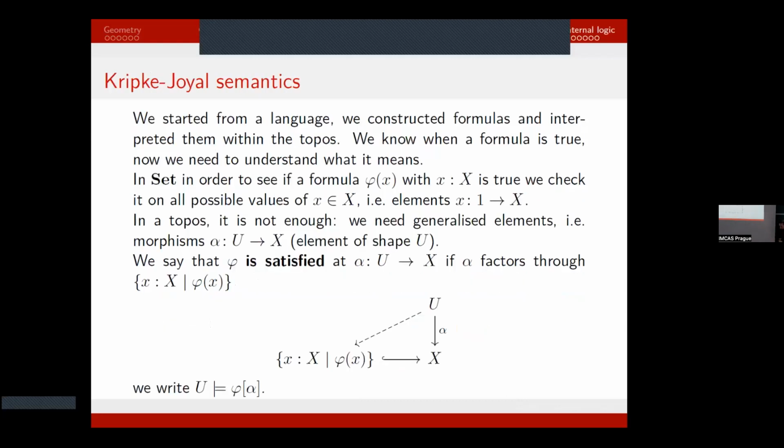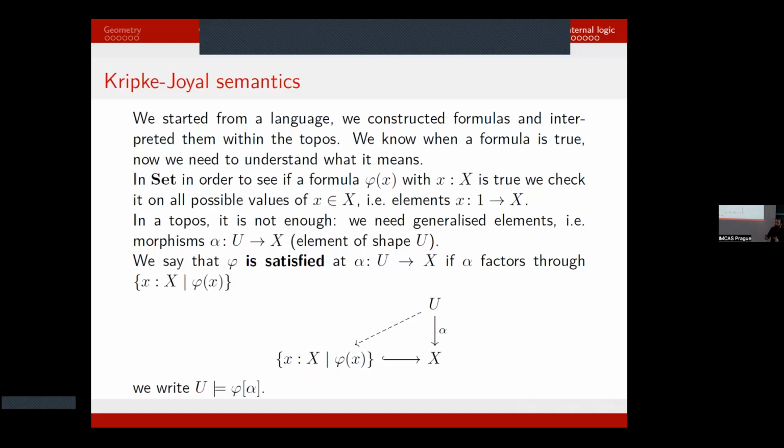Okay, so now we define a language, we define the interpretation of the language. Now we need to understand what this interpretation is. What does it mean? If we are in Set, the interpretation is kind of easy, meaning that it's everything that we are used to.